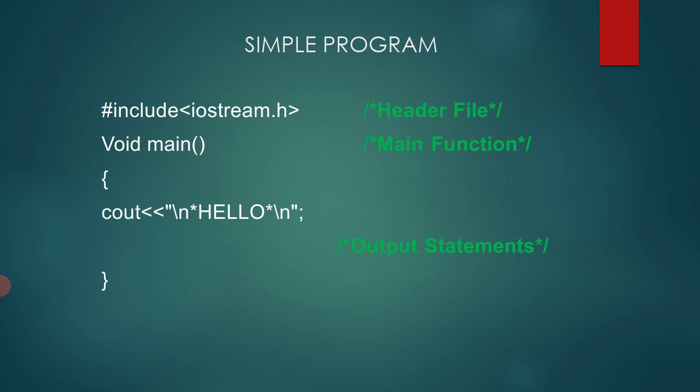That is iostream.h. Hash is a preprocessor directive, include is used to include the files, iostream is input output stream, and .h is the header file. After that we start with the main function. This is void main, this is the main function. We always have to write the function with this bracket, the function bracket.